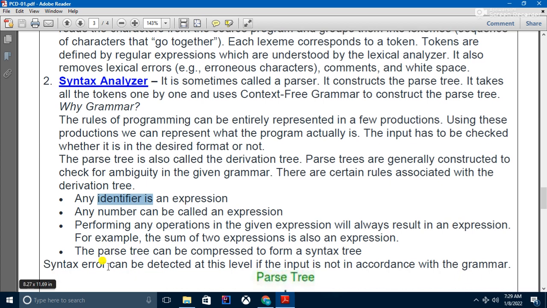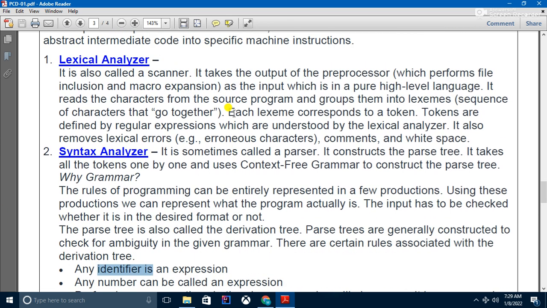The parse tree can be compressed to form a syntax tree. A syntax error can be detected at this level if the input is not in accordance with the grammar. So this is the most important phase of the compiler, called the syntax analyzer.